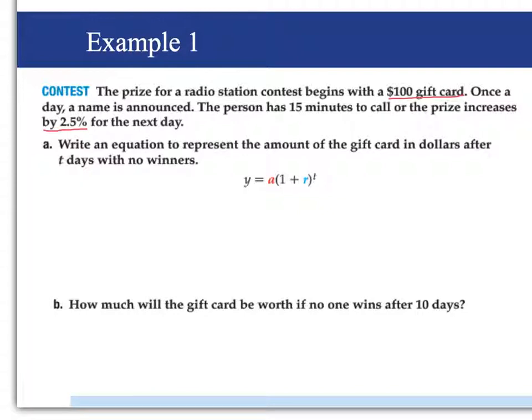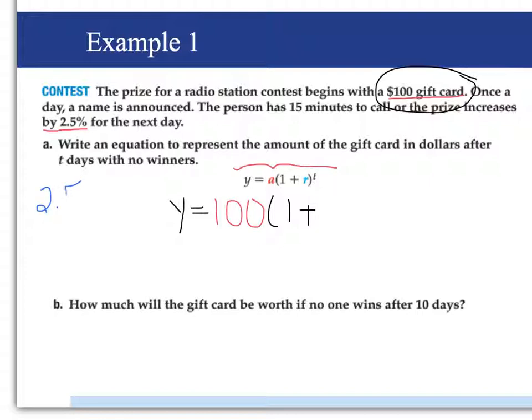So again, we take this standard form of the equation, y equals, where a is the initial amount. The initial amount of the gift card is $100. So 100 times, always 1 plus r. Now r is our rate, and our rate is a percent, 2.5%.